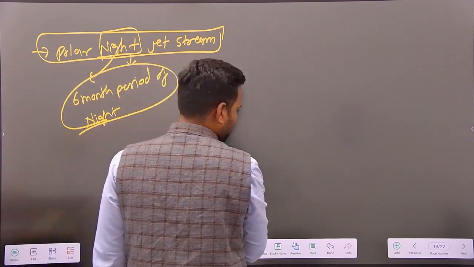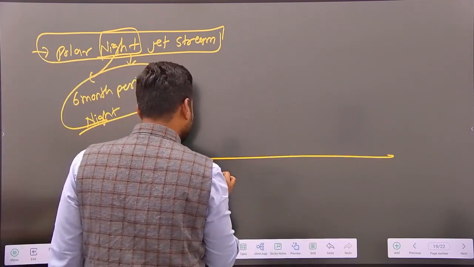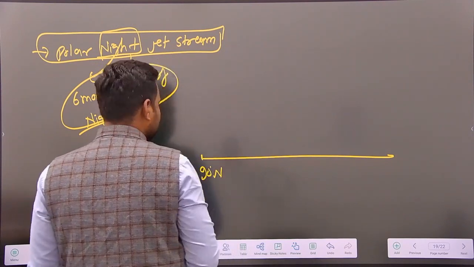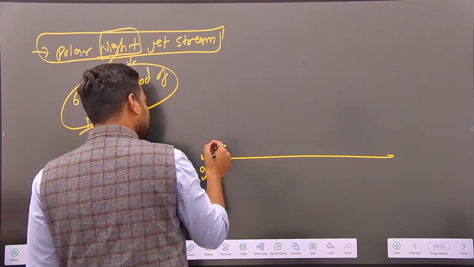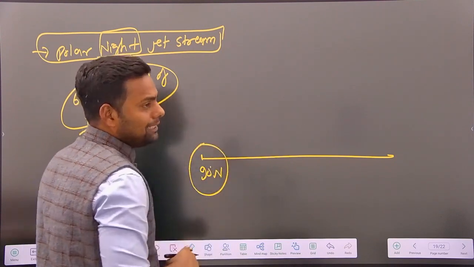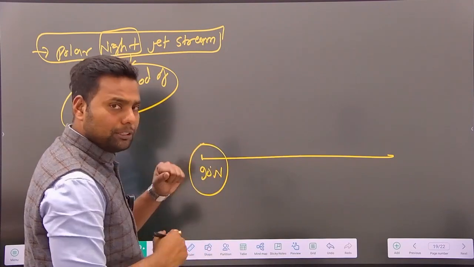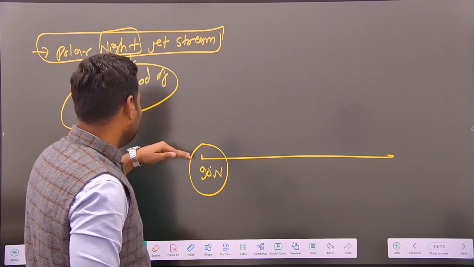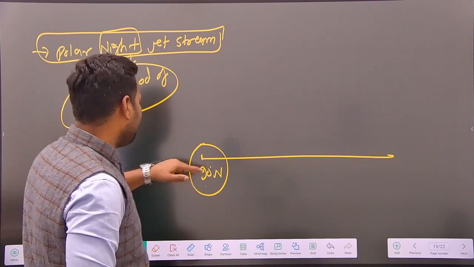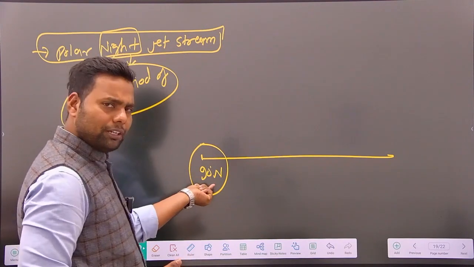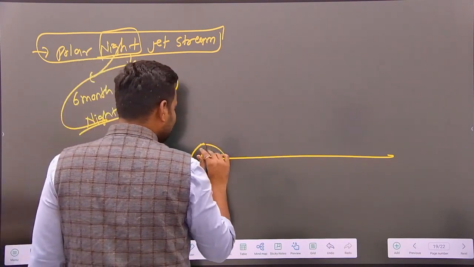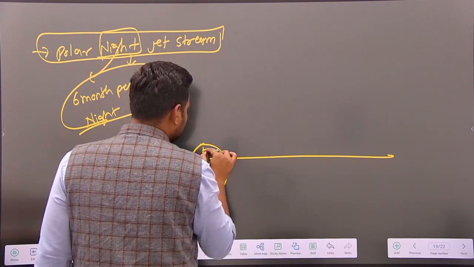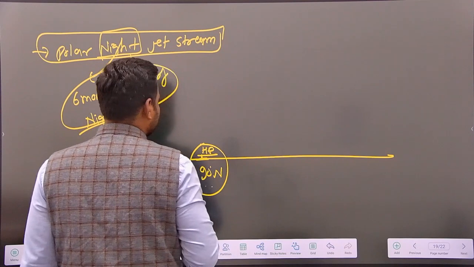Here, look at what happens. Here is the 90-degree north pole. During the winter season in the polar region, due to the greater slantiness, the sun never shines on the surface of the polar region. Due to this, there is extremely cold air near the surface, and so there is high pressure.